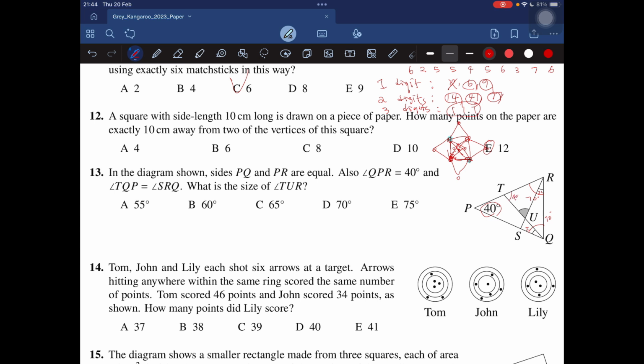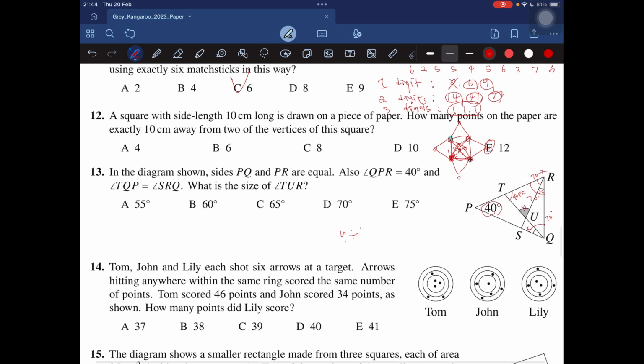Then here 40 plus x, and here 70 minus x, and here y. So y plus 40 plus x plus 70 minus x becomes 180. So y becomes 70.